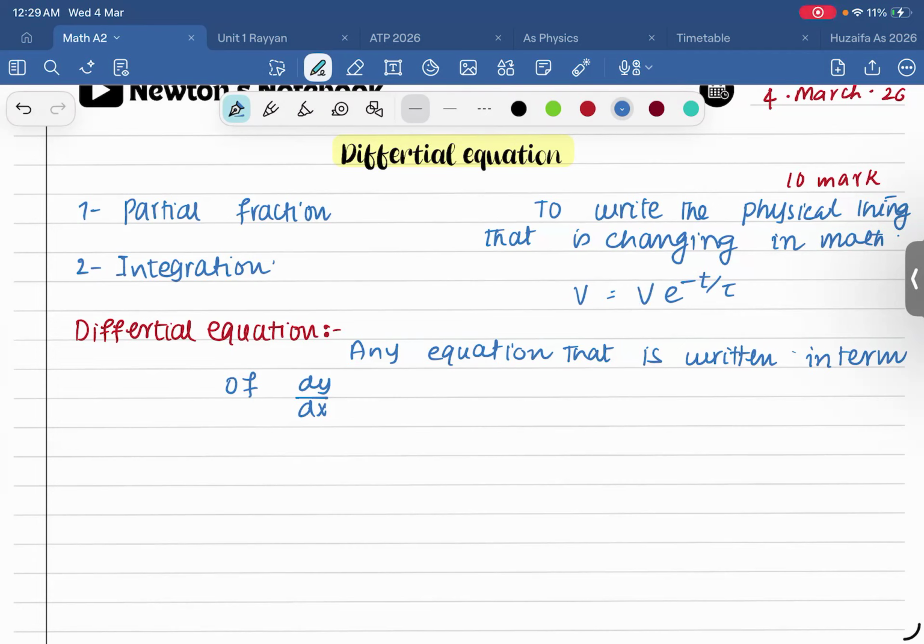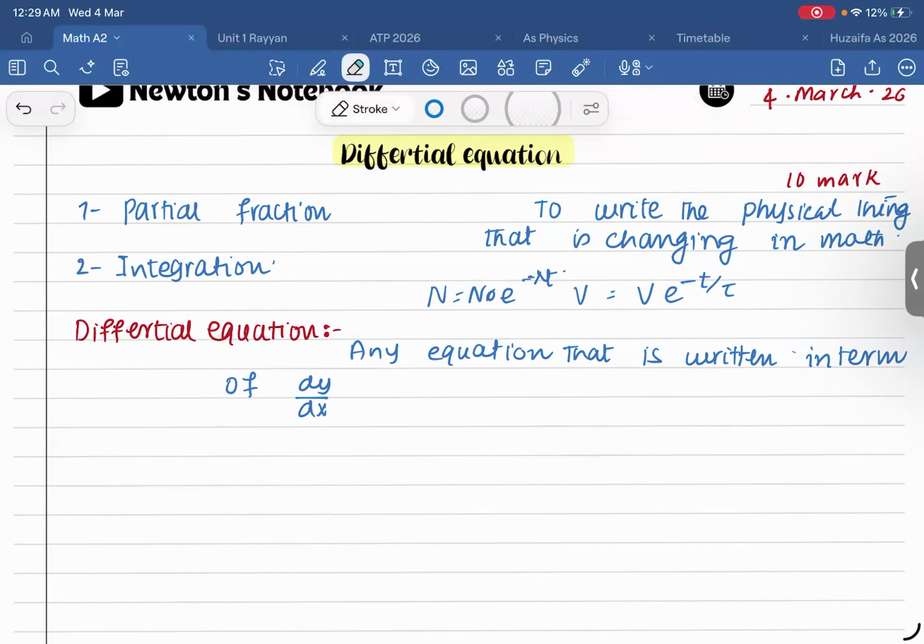Or if you remember radioactivity, we have the equation N equals N naught e power minus lambda t. So these equations come when you make the differential equation of the decay or the discharging, and then solve it.